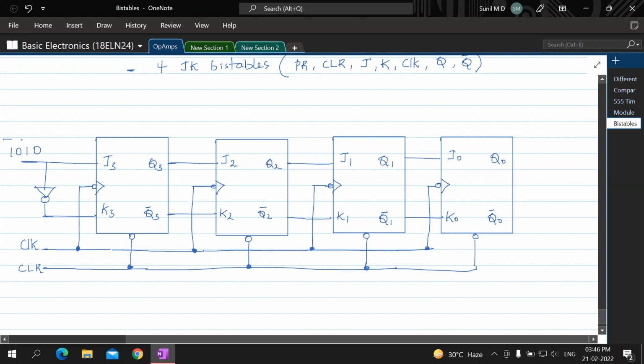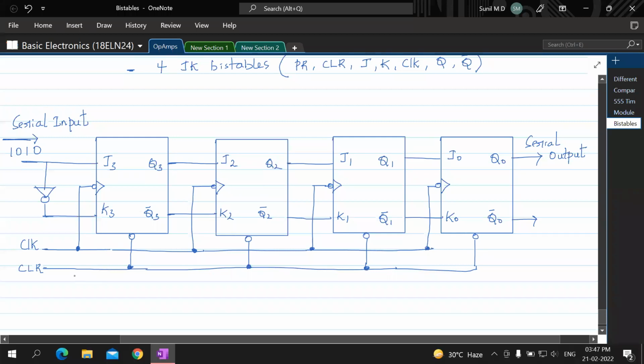So in this direction it is called the serial input, and here you get the serial output. Understand?